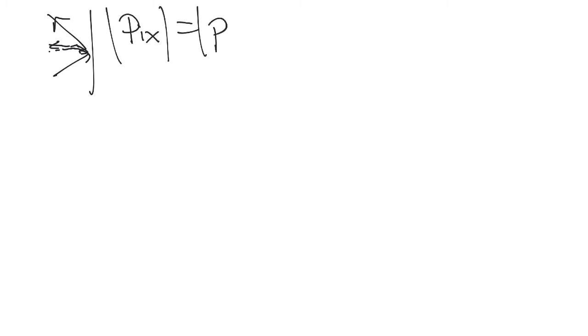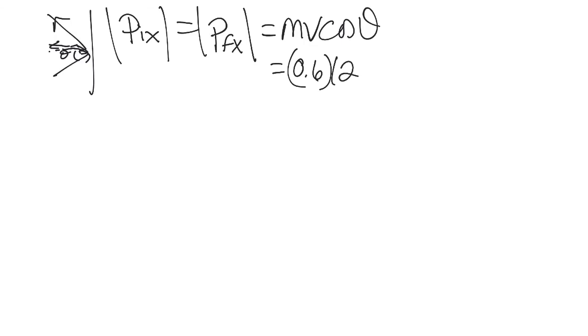So you can actually see, and this was on the last page, sorry, these x components, P initial x has the same magnitude as P final x. And it's mv cosine theta, where here's your theta. If we plug in numbers, which I had in the other thing, it was 0.6 times 2, and then cosine of 60 is a half.